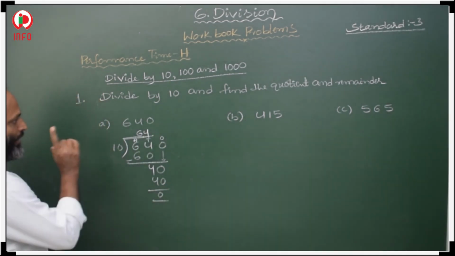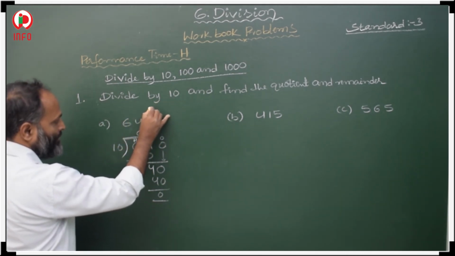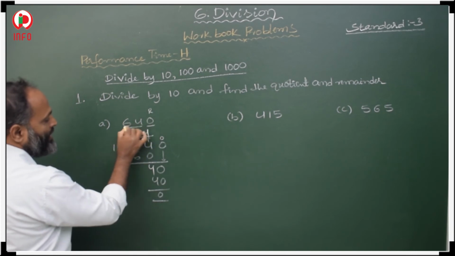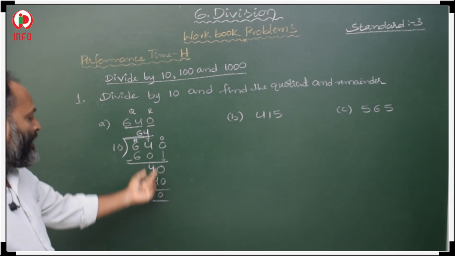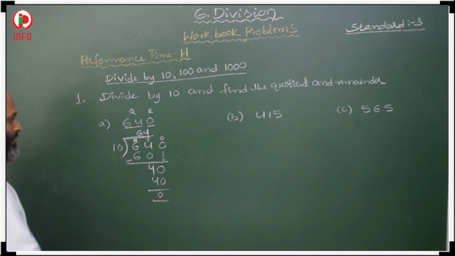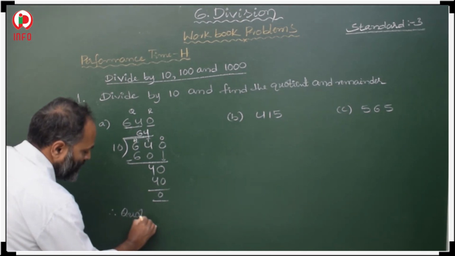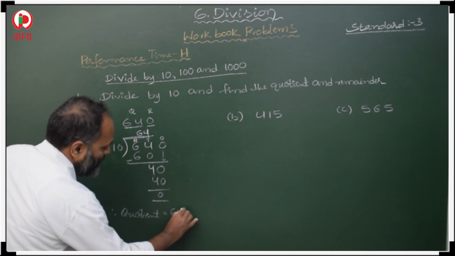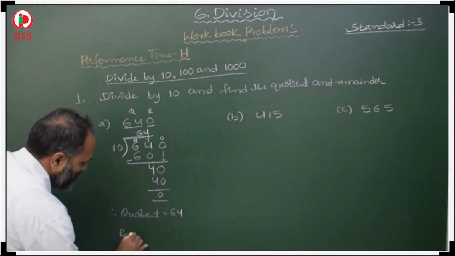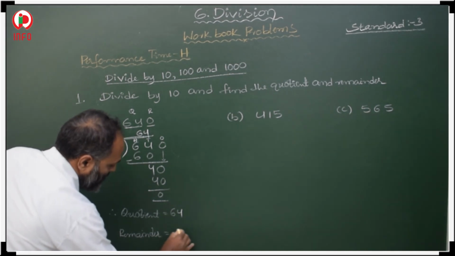So when we divide with 10, the last digit, that means the ones place, is the remainder, and the rest of the places are the quotient. Check here, your quotient is 64 and your remainder is 0. Therefore, quotient is 64, remainder is 0.